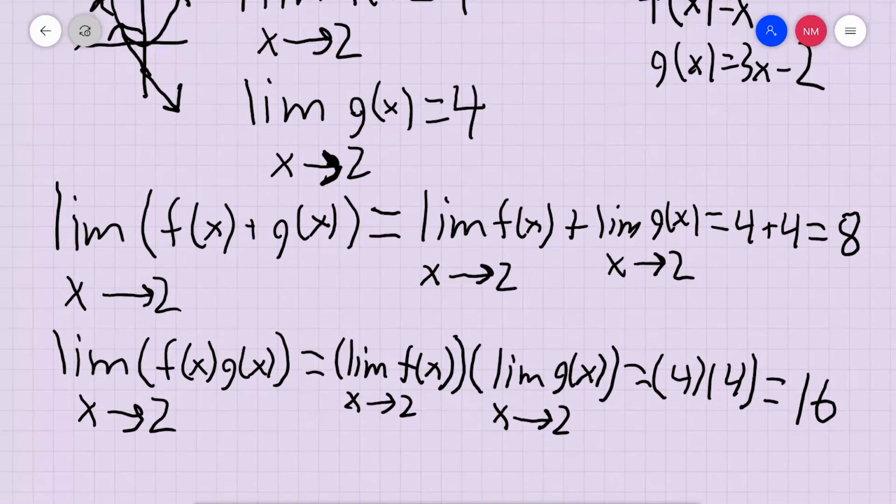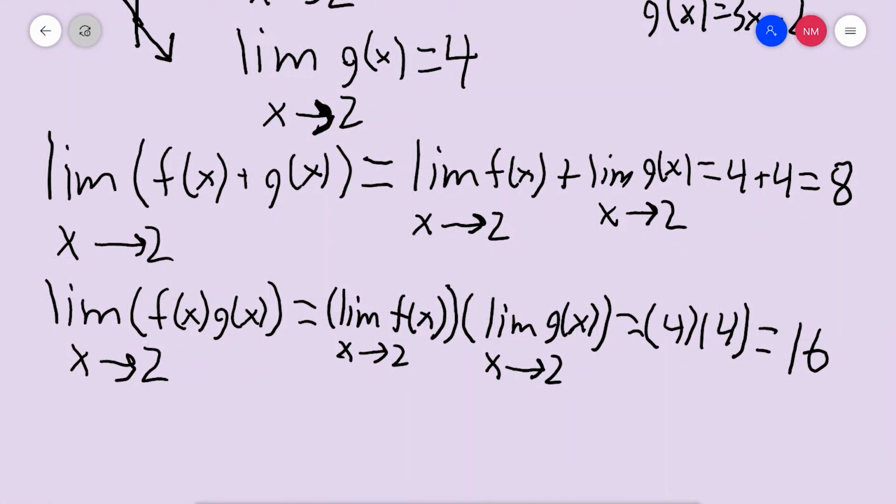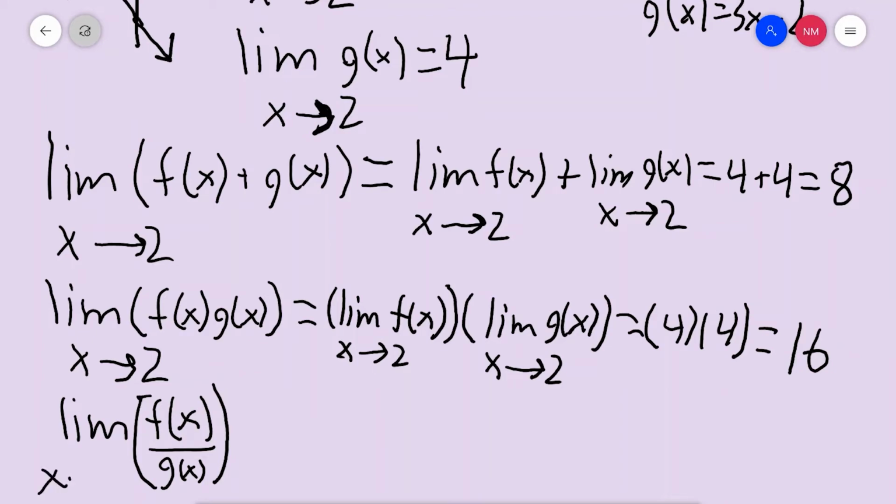So next, let's find the limit of f of x over g of x as x approaches 2. So just like we did when we added and when we multiplied, we'll split the limits apart.